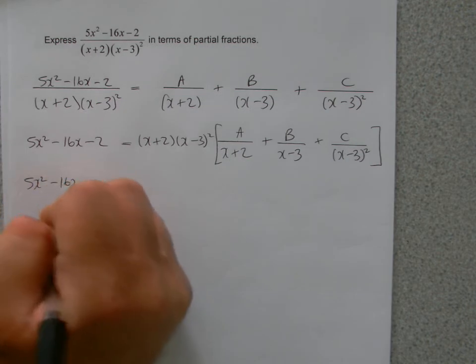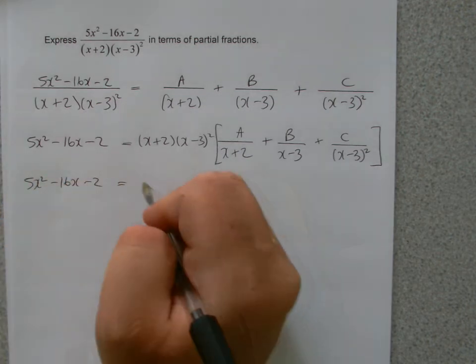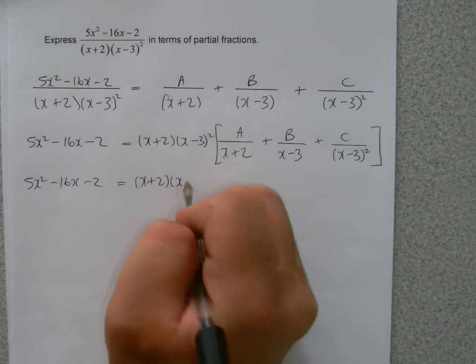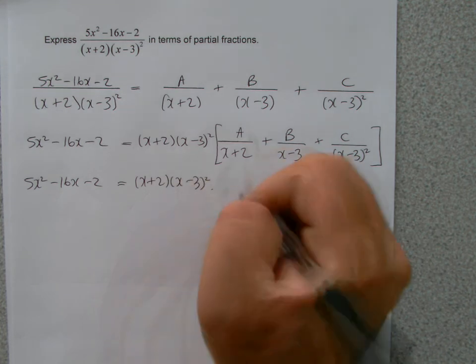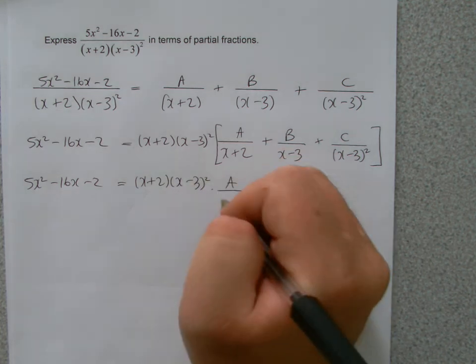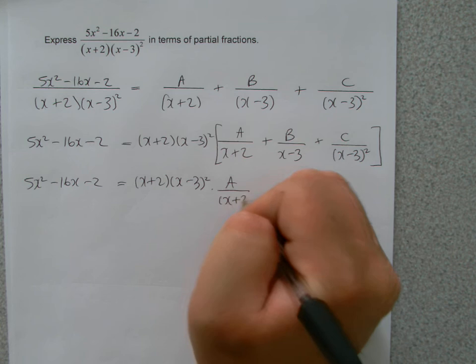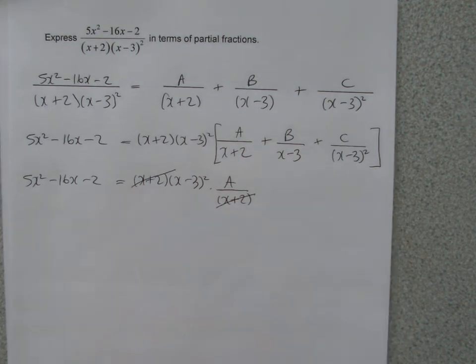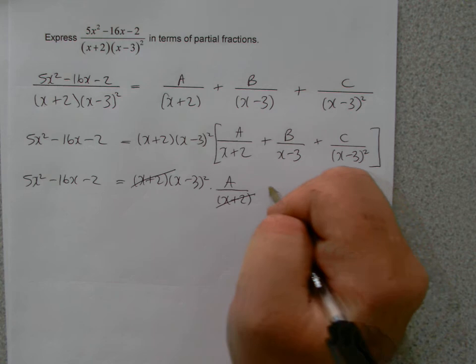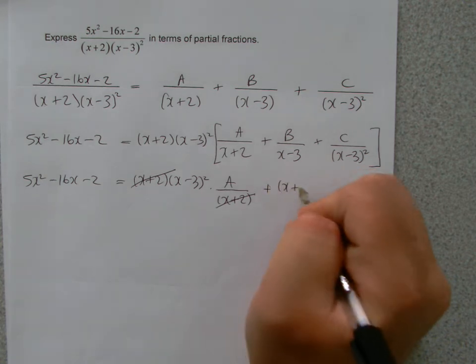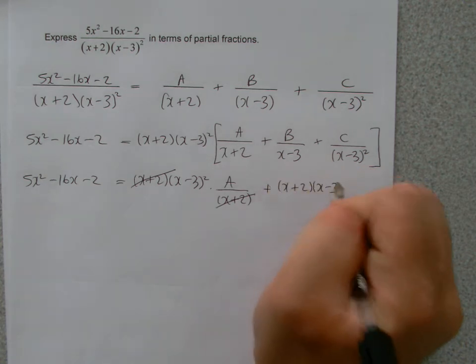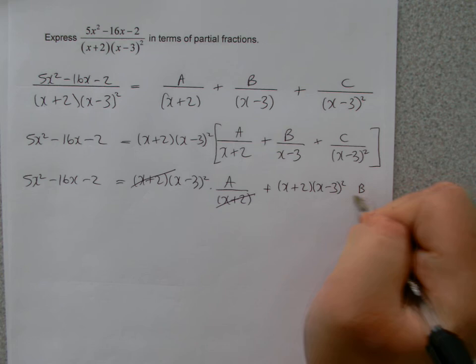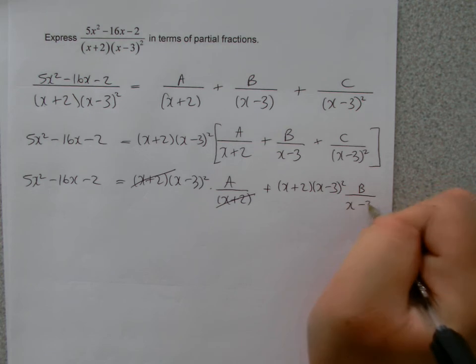So you've got this bracket, x minus 3 all squared, times a over x plus 2. Doesn't matter what order you write it in. You can see the x plus 2 is going to cancel, isn't it? And then we're going to multiply that pair with the second term, which is b over x minus 3.